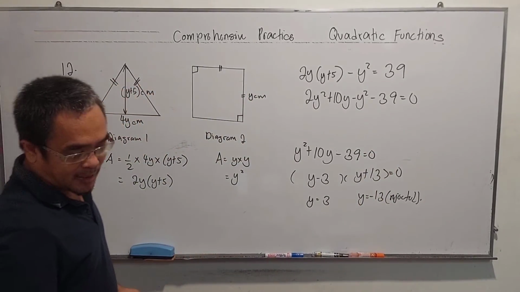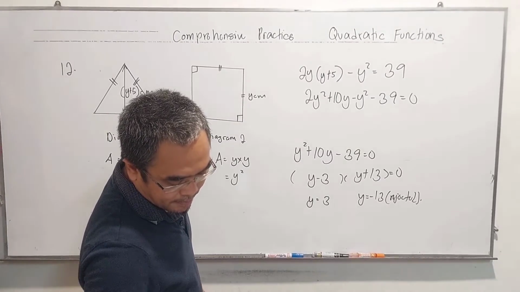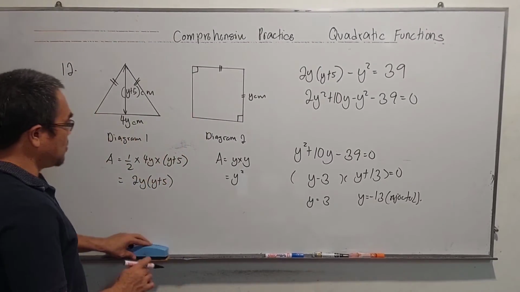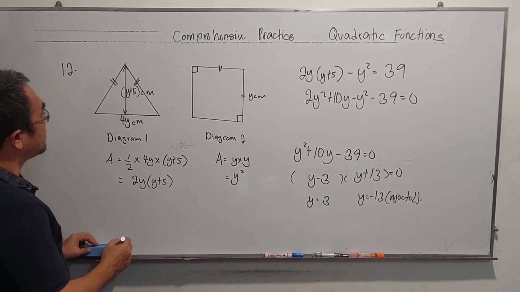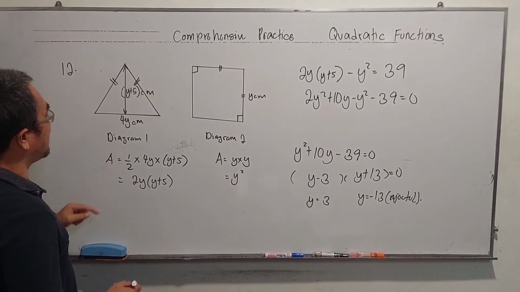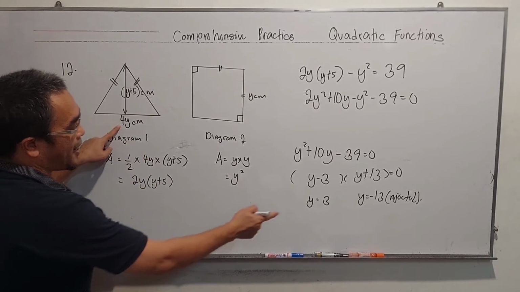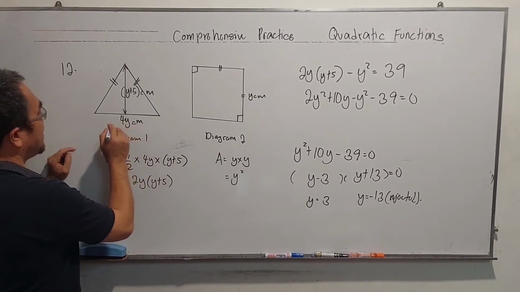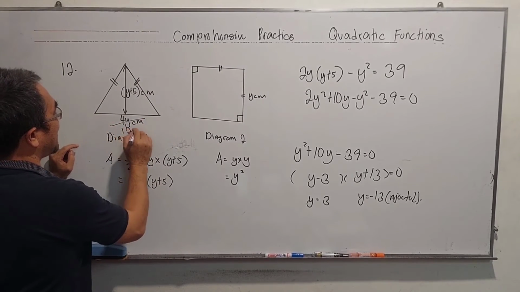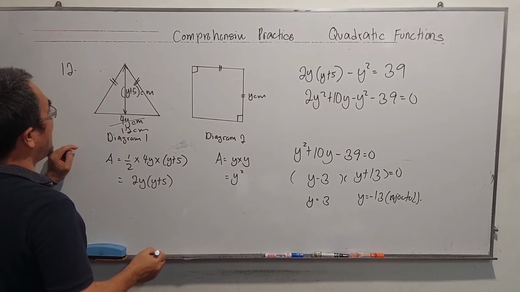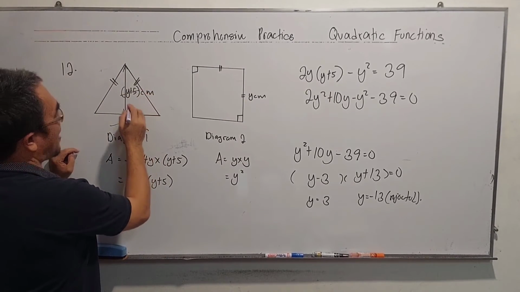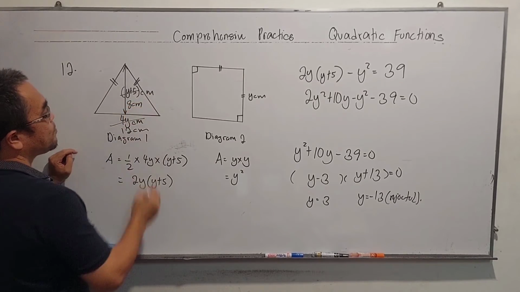So in order to answer the question, calculate the difference in perimeter. Alright, so we have to find the length and the width. Okay, we replace y as 3, so instead of 4y, we have 12 centimeter, and this height will be 3 plus 5, which is 8 centimeter.